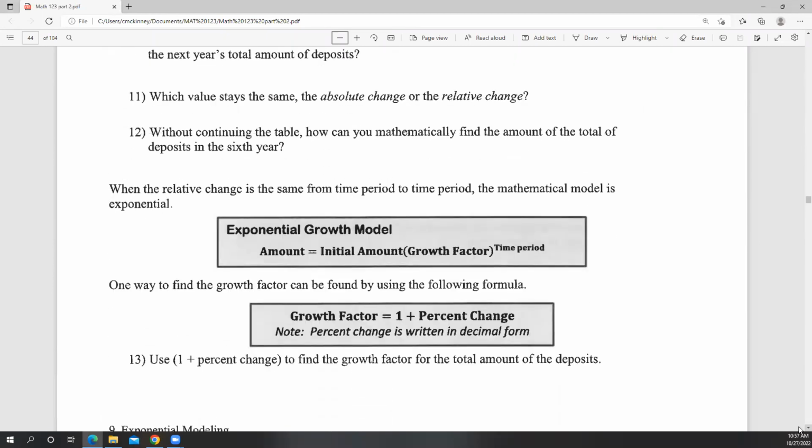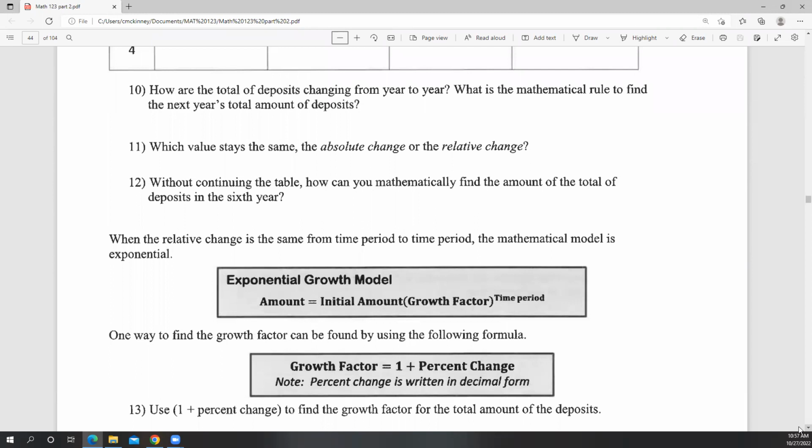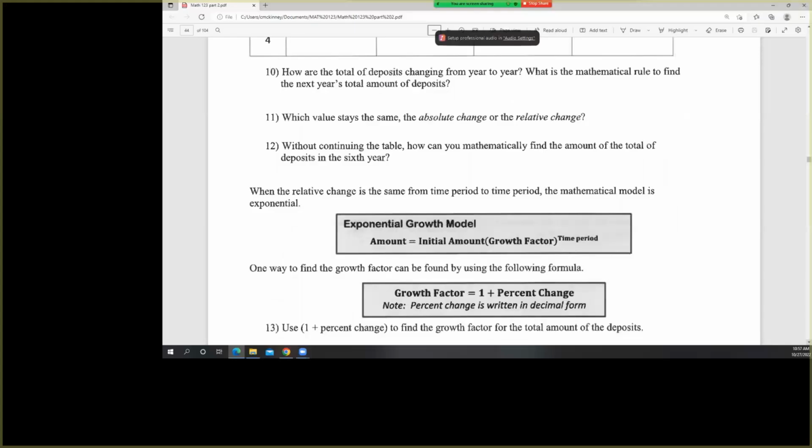So to answer number 10, how are they changing? Well, how's the total changing? What is the mathematical rule? We're adding 6% each year. So that mathematical rule we could say is 1.06, which is what we actually used, times the prior year.